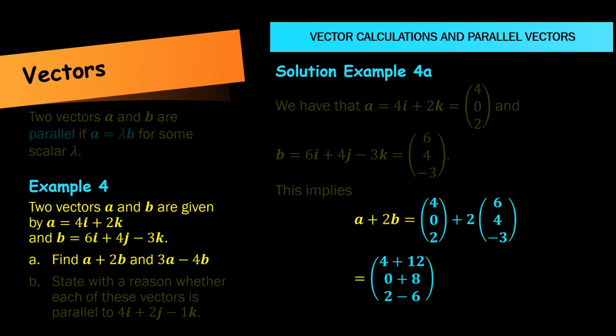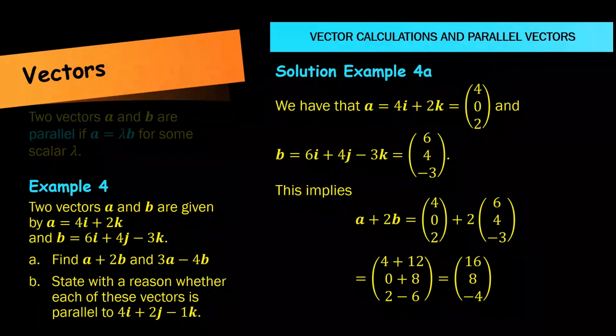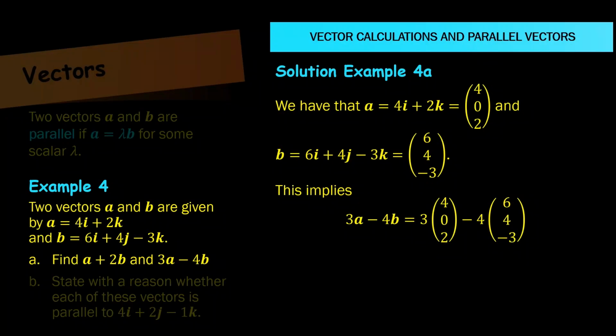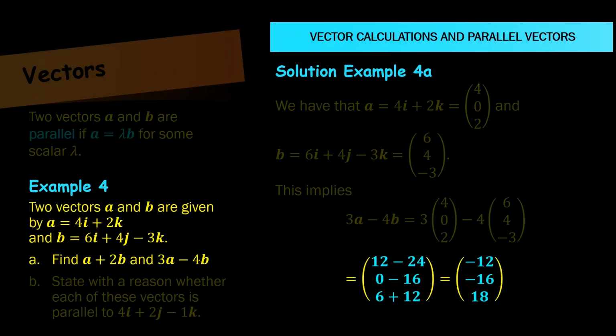And so we have that a + 2b equals (4 + 12, 0 + 8, 2 - 6), which equals (16, 8, -4). Similarly, we can find 3a - 4b. And so we have that 3a - 4b equals (-12, -16, 18).